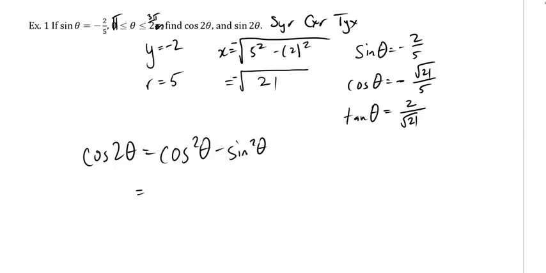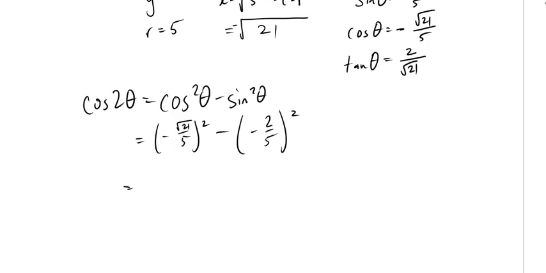And cos theta is negative root 21 over 5. So it's negative root 21 over 5 squared minus sine squared theta, which is negative 2 over 5 squared. So that's 21 over 25 minus 4 over 25, which is 17 over 25.